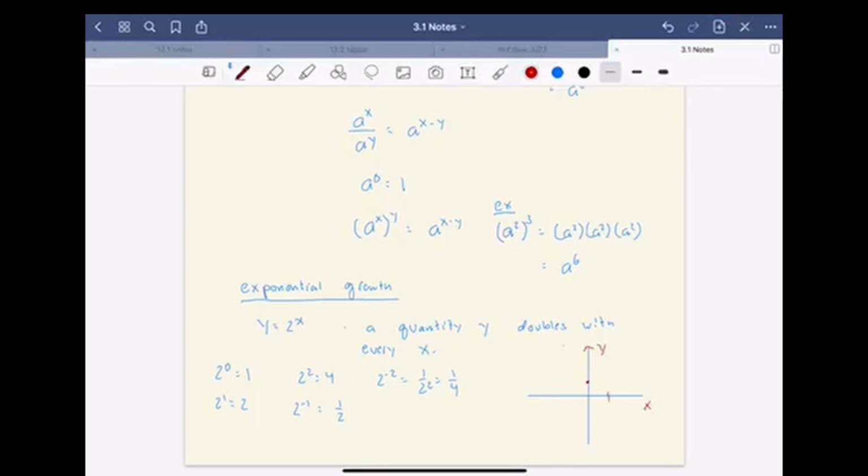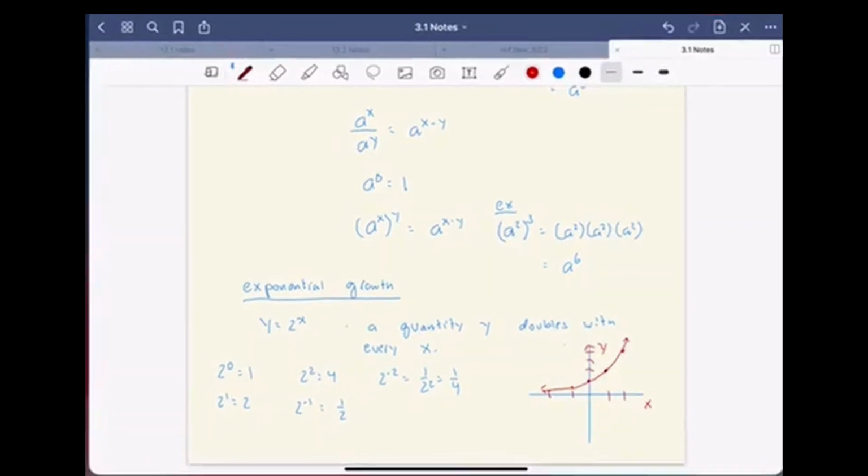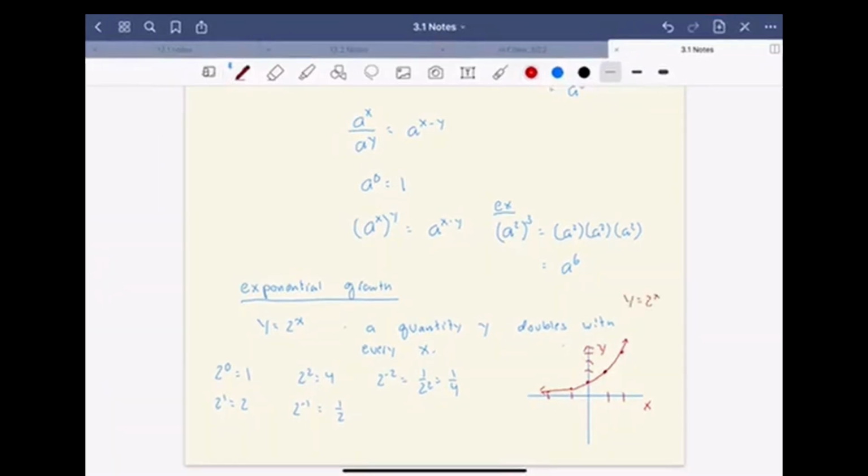When x is 1, y is 2. When x is 2, y is 4. Negative 1, 1/2. Negative 2, 1/4. So this is a graph of the function y equals 2 to the x. All right, we'll come back with more in a few minutes.